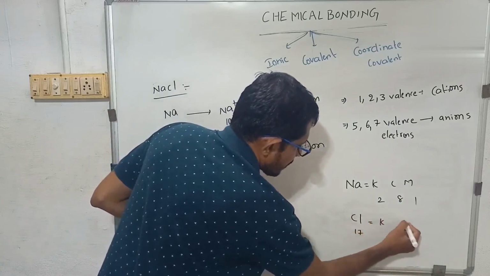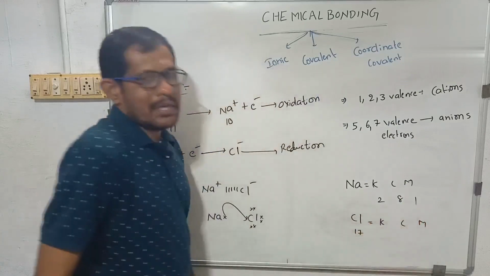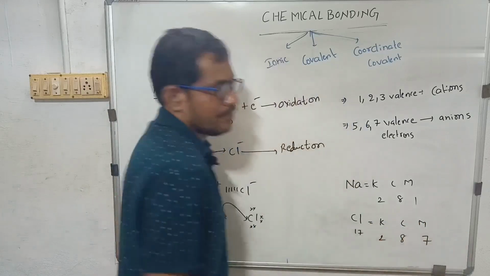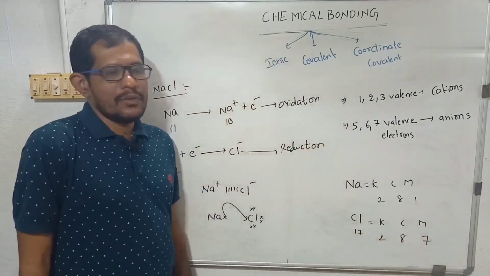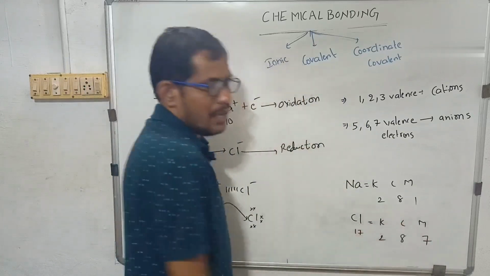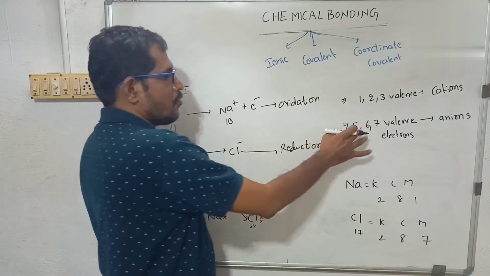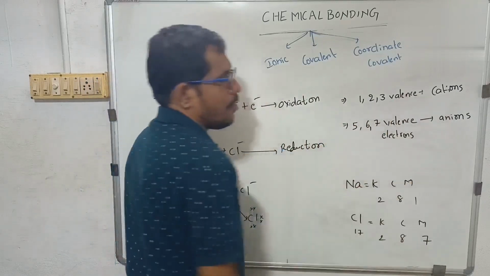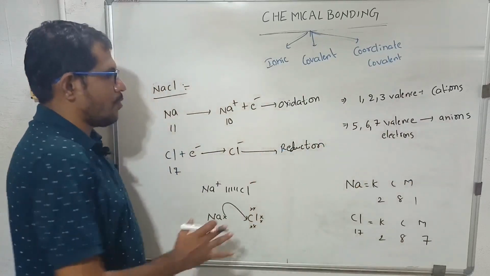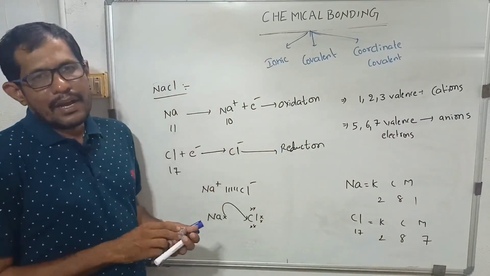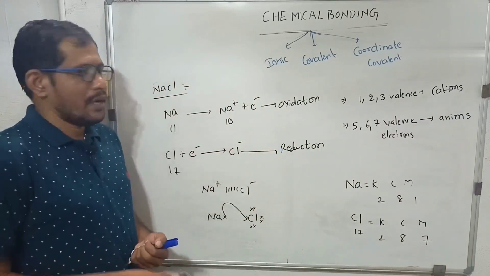Its electronic configuration is 2, 8, 7. In valence shell M, there are 7 electrons. As I told you, 5, 6, 7 valence electrons means it forms anions. So chlorine is forming anion. In such a way, we can explain the ionic bond formation in sodium chloride.